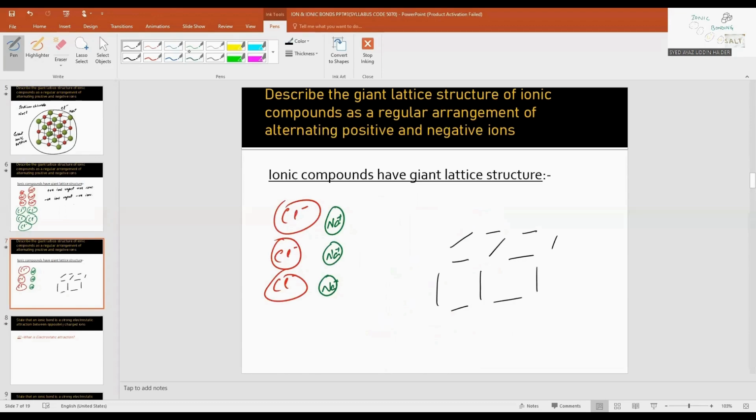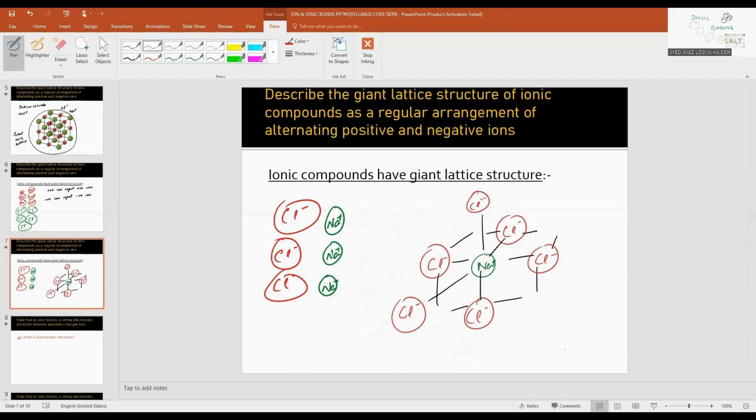If I place a sodium ion in the middle, the negative ions surround this Na+ ion, like this.